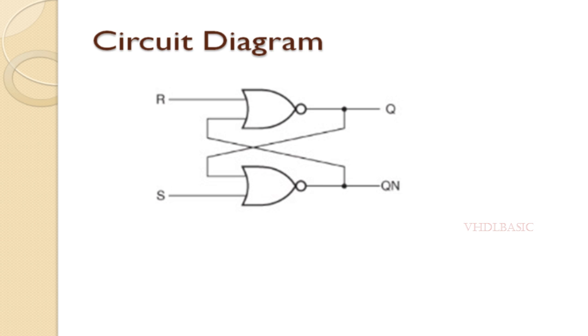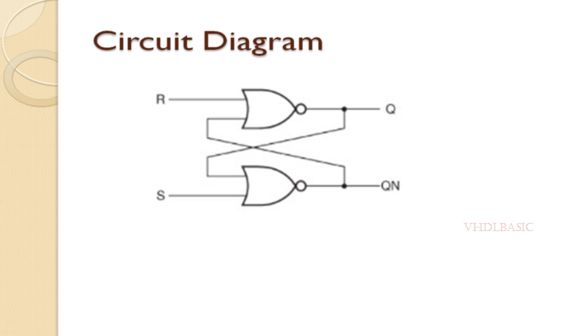A momentary 1 applied to the reset input causes the latch to go to the clear state when both inputs are initially 0. A 1 applied to the set input while the latch is in the set state, or a 1 applied to the reset input while the latch is in the clear state, leaves the output unchanged.